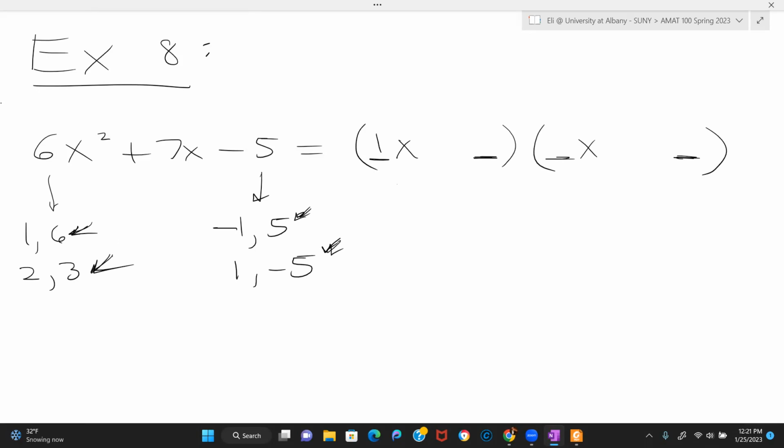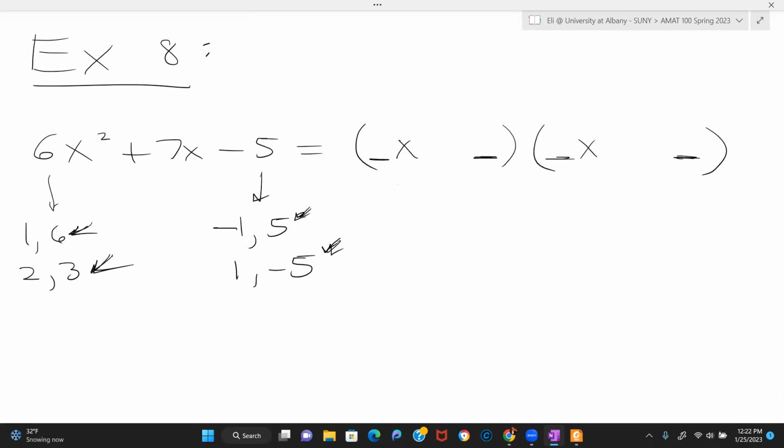So you could do like 1 and 6, and then -1 and 5, or you could do 2 and 3, and then -1 and then +5. Lots of different combinations, but there's only a finite limit. There's only 4 possibilities. So if you're unsure of which combination to use, just try all of them and then FOIL until you get the right factorization.